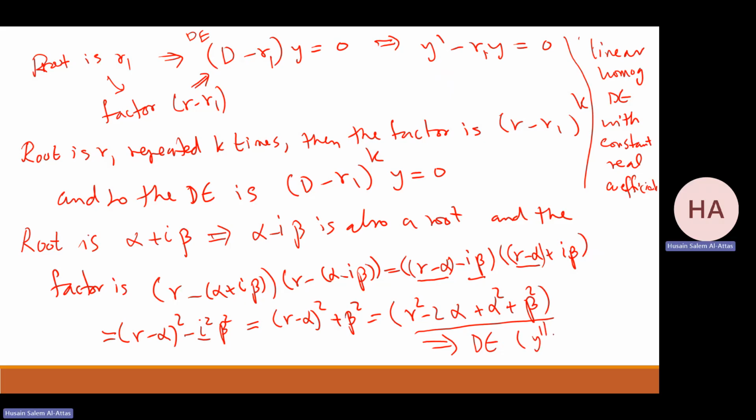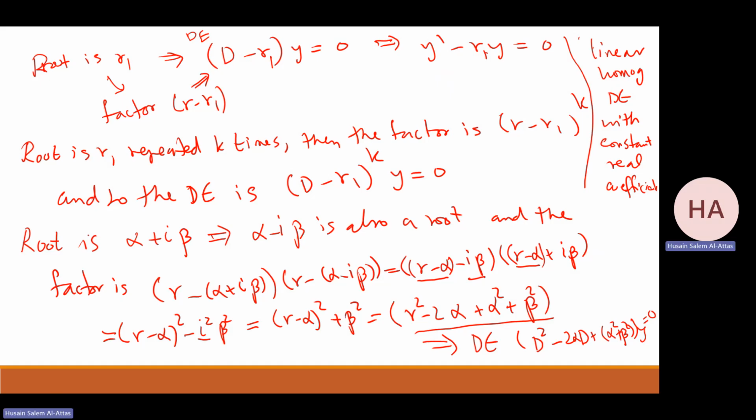It will be y double prime, or let me make it with D squared minus 2 alpha D plus alpha squared plus beta squared on y equals 0.